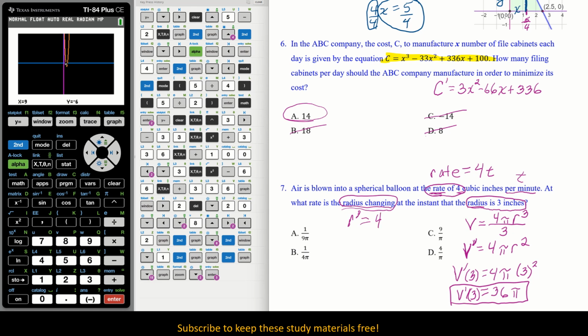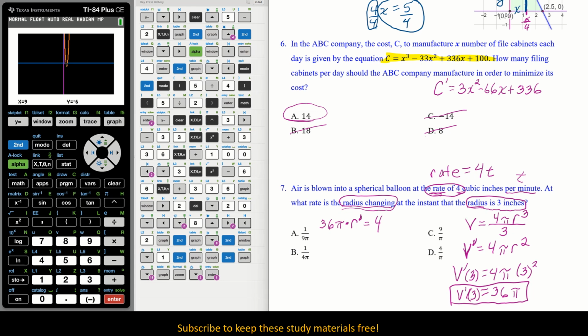We take our instant situation here: 36 pi times the rate of the radius equals 4.